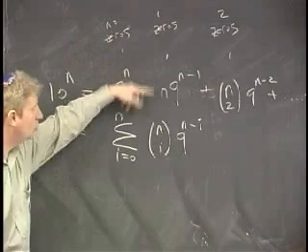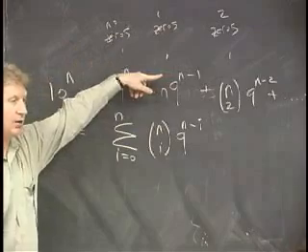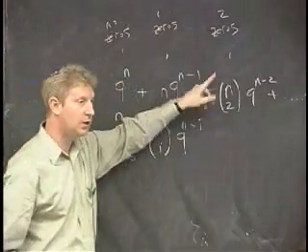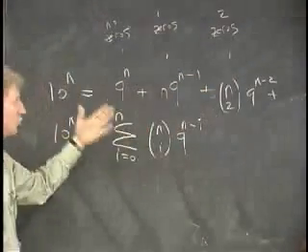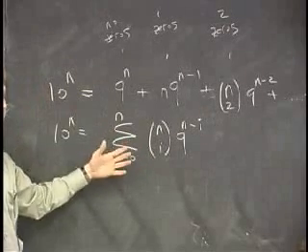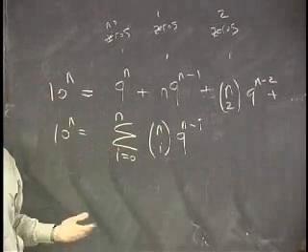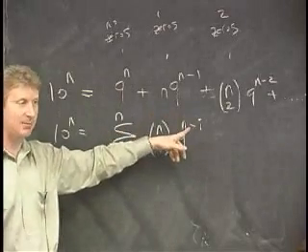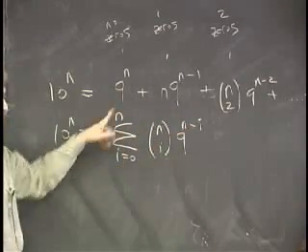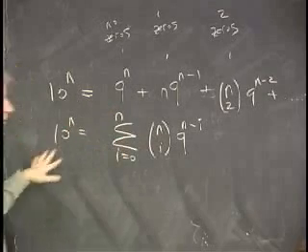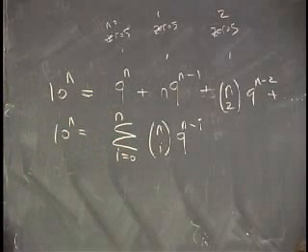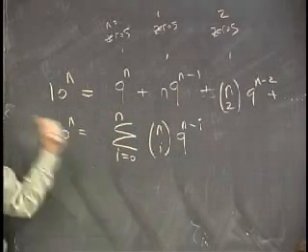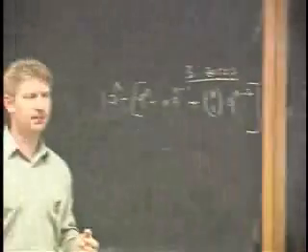The next term is n choose 1, 9 to the n minus 1. The next term is n choose 2, 9 to the n minus 2. This is a shorthand of writing it. All this says is that this sum is just a bunch of terms that all look the same. They're all n choose something times 9 to the n minus that something, and that something ranges from 0 to n. And this is true. We have a summation now that we never would have thought of straight up, but it came right out of this counting idea.